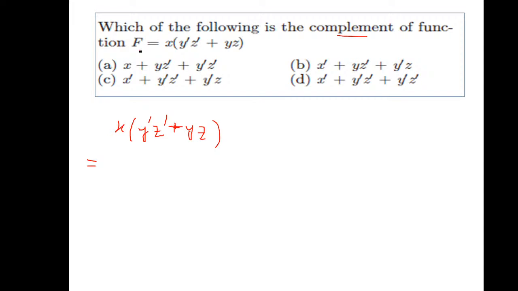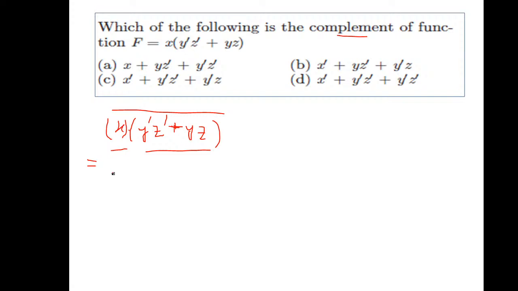Now when you are going to do the complement of this, what you have to do is take a full bar over this, right? Now when you take a full bar over this, you will be using which law? De Morgan's law. You can take this one as the first term and this one as the second term.